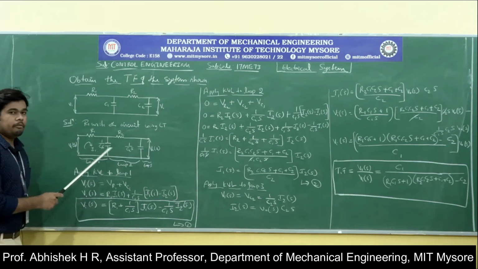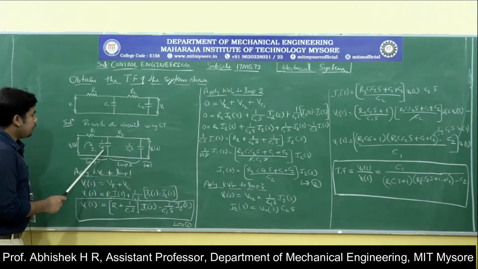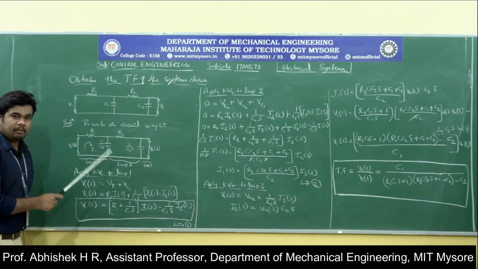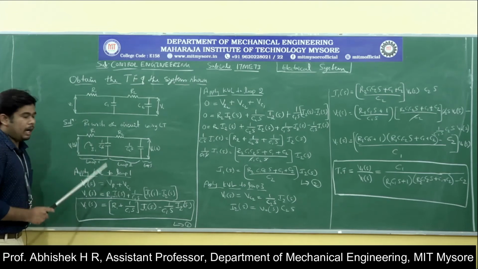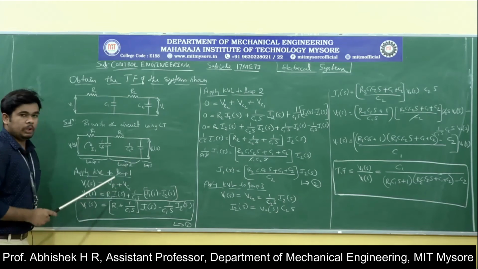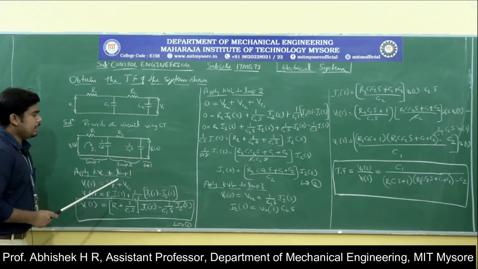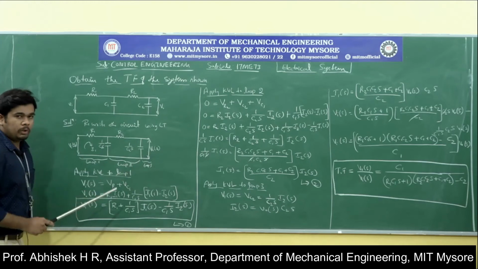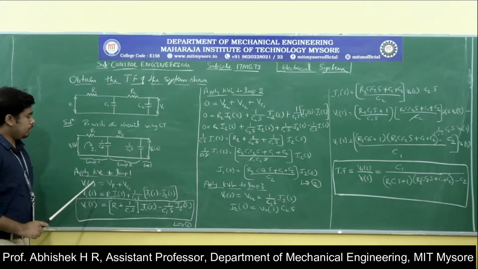Since we have two capacitances here, for the first one it is 1 by C1S with the resistance R1, and for the second capacitance 1 by C2S with the resistance R2, and we have the output voltage V0 of S.